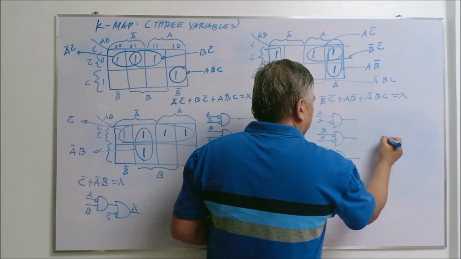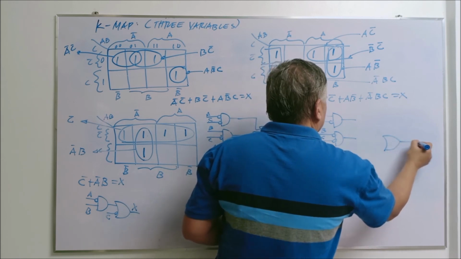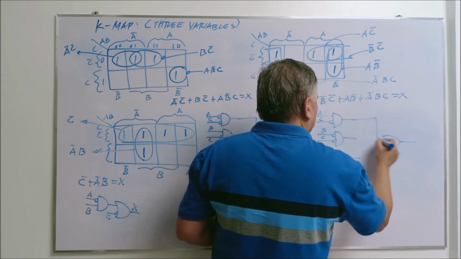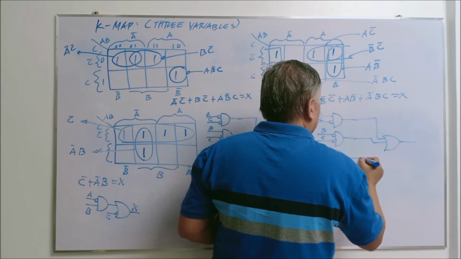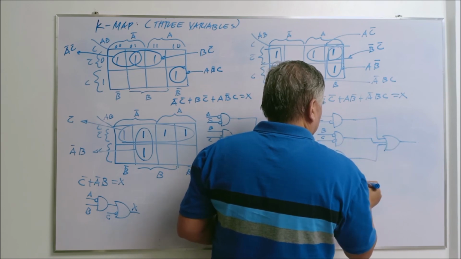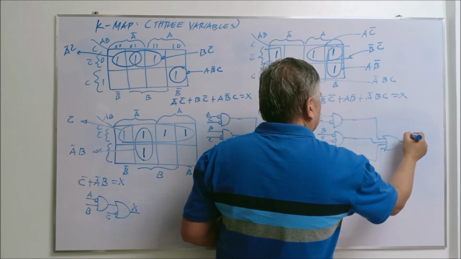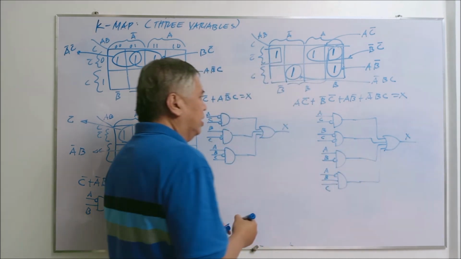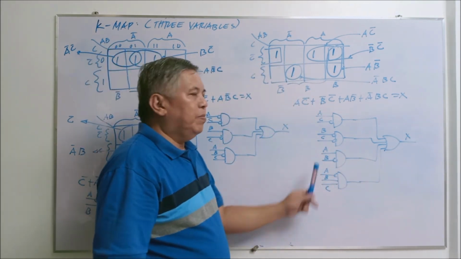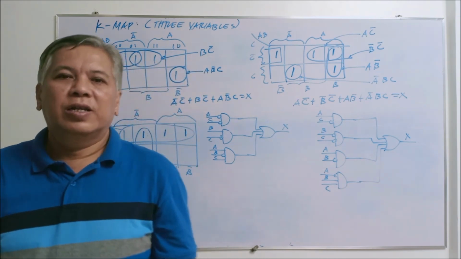So we draw an OR gate. This is our X. So this will be our simplified logical circuit.